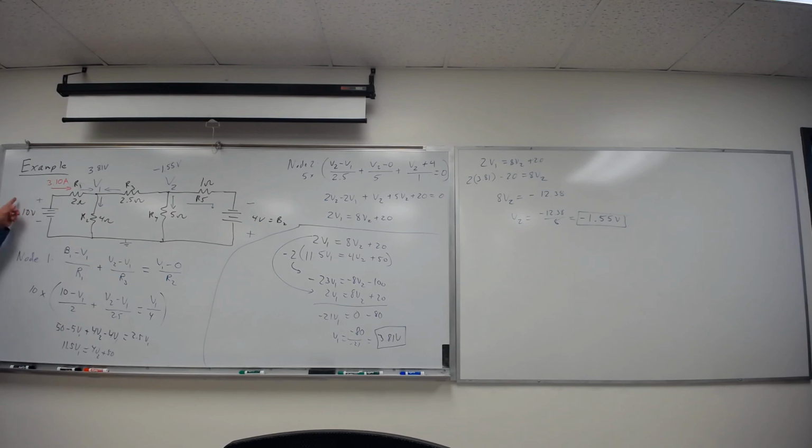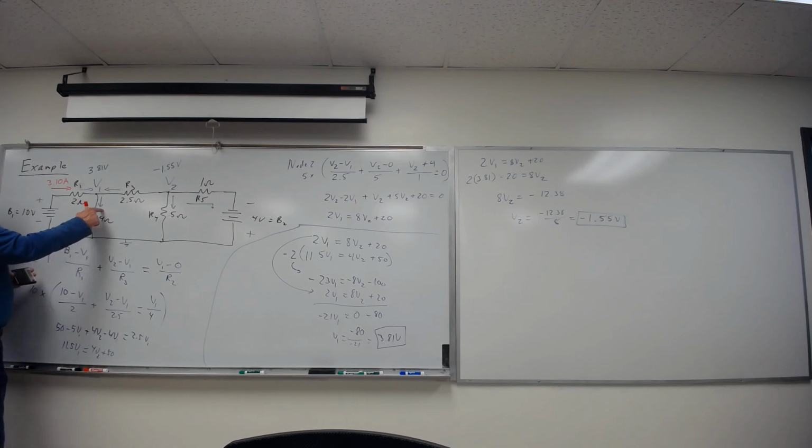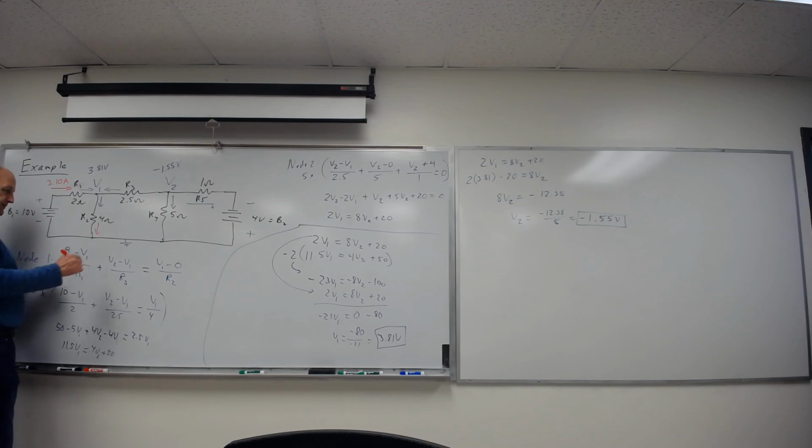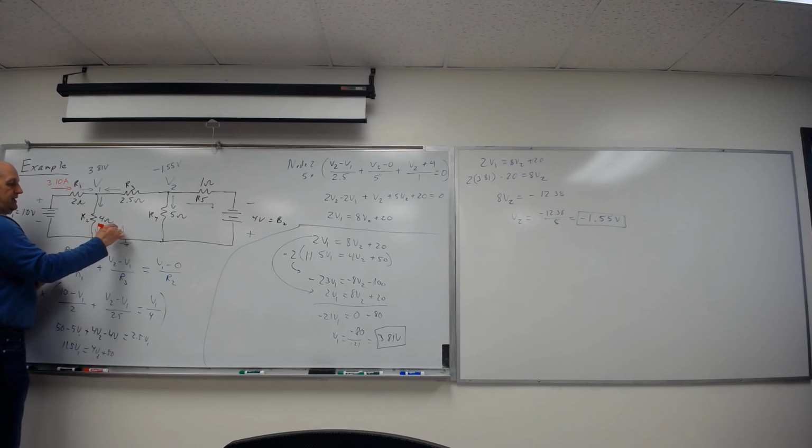So again, I took 10 volts minus 3.8 volts and divided by the 2 ohms. Down here, my current, 3.81 volts minus 0 divided by 4. So it's just 3.81 divided by 4, which is 0.953 amps.